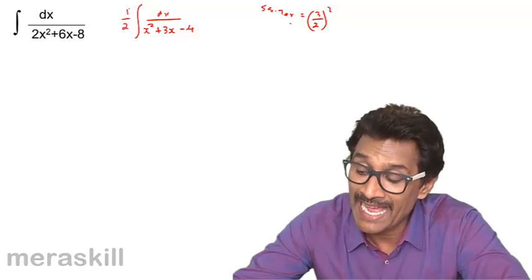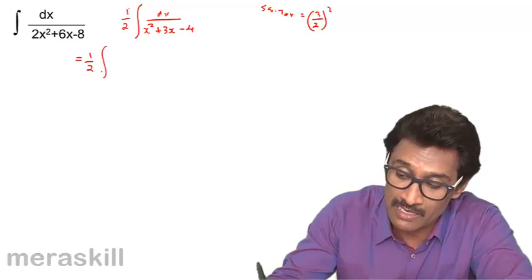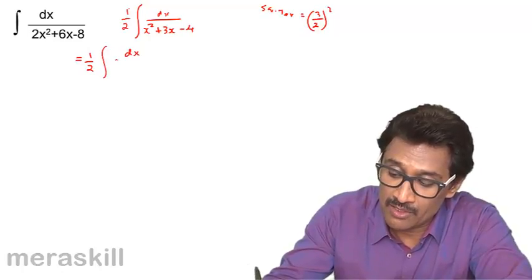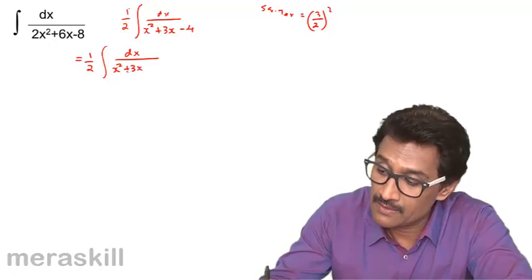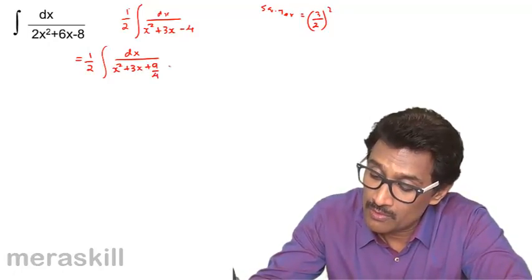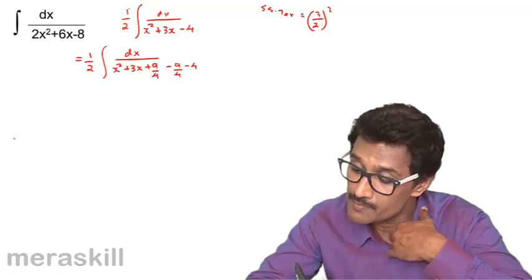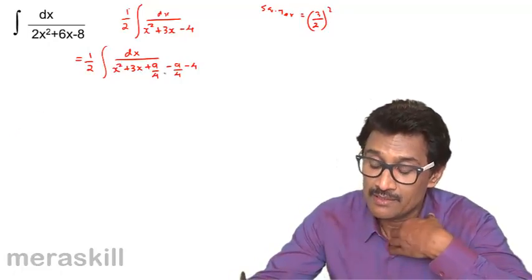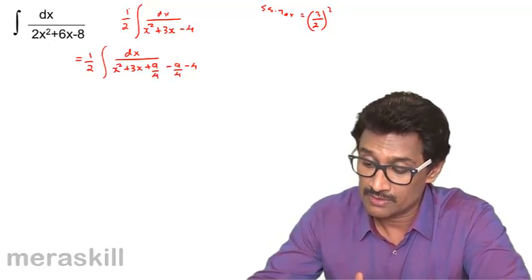So you have to add and subtract 9 by 4. So eventually it is half dx of x square plus 3x plus 9 by 4 minus 9 by 4 minus 4. So you added 9 by 4 and hence you have to subtract also.